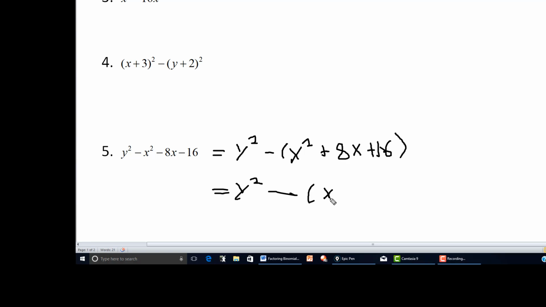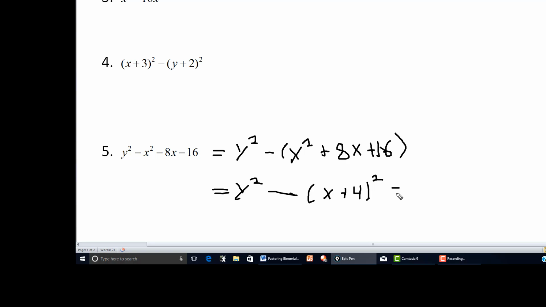Or we can write that as x plus 4 squared. So now if I look at the y squared as a term and the x plus 4 squared as a term, I have the difference of 2 squares.